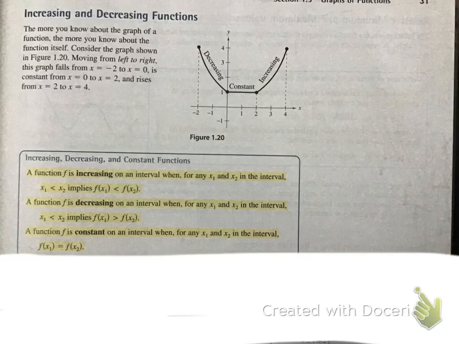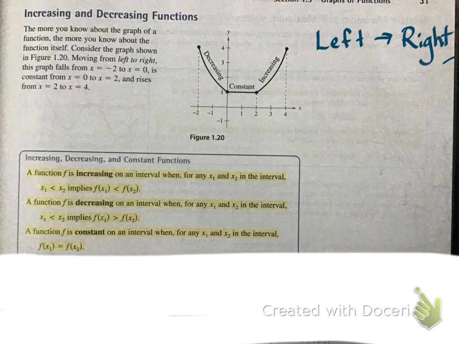Okay, next we're going to talk about this idea of increasing and decreasing functions. And we'll be writing out intervals where the function's increasing and decreasing. If you can just keep in mind that we read a graph from left to right, then that's going to make this part so much easier.